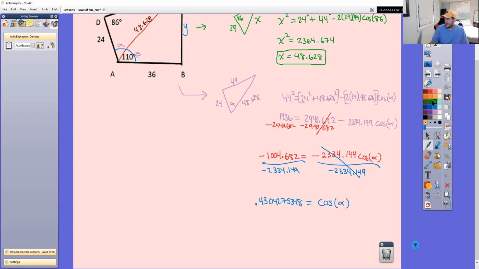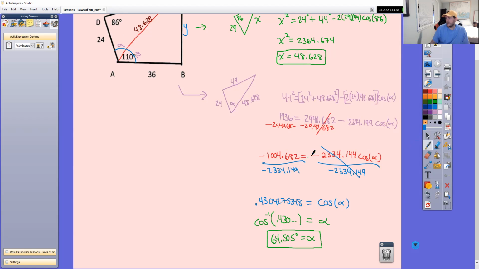But finally, to get your answer, you're going to do the inverse cosine of that 0.430 to get alpha. So second inverse cosine of second answer, 64.505 degrees. But that's alpha, and I actually don't want alpha.